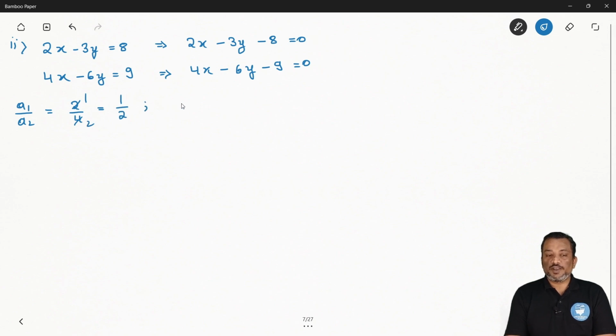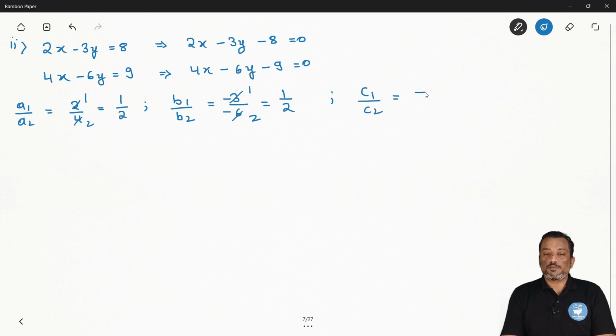Now same way you can say b1 over b2. You can say here 3 over 6. Minus 3 and minus 6. So you will get minus minus cancel. So this one also you can say 1 over 2. And last one you have c1 over c2. So this one you got minus 8 over minus 9.